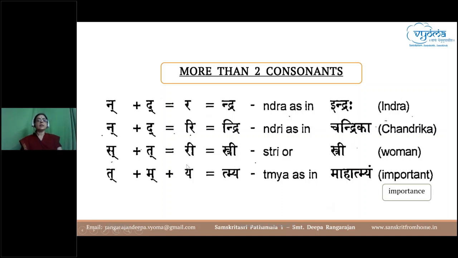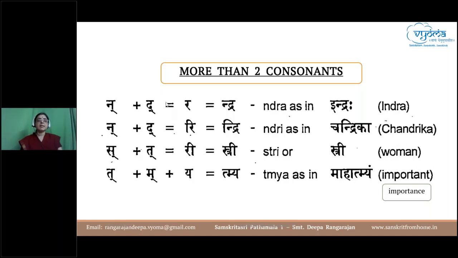Then we have some words where more than two consonants are combined. Janvi Satish. Ram Ram. Namaste. N plus d equals, no, actually that is a plus sign only. D and r.